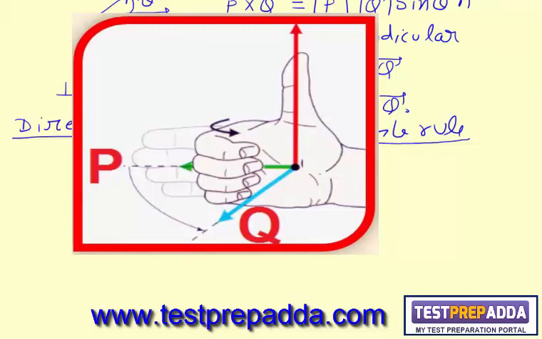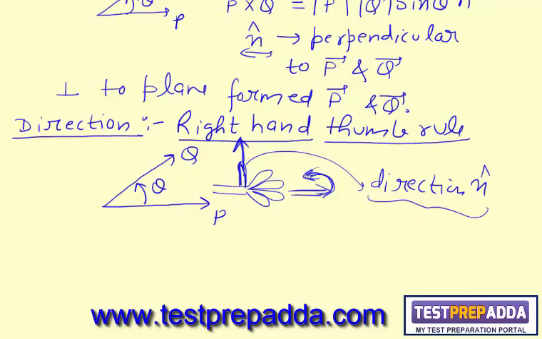So this thumb will tell you the direction of n cap. Direction of n cap means direction of P cross Q.